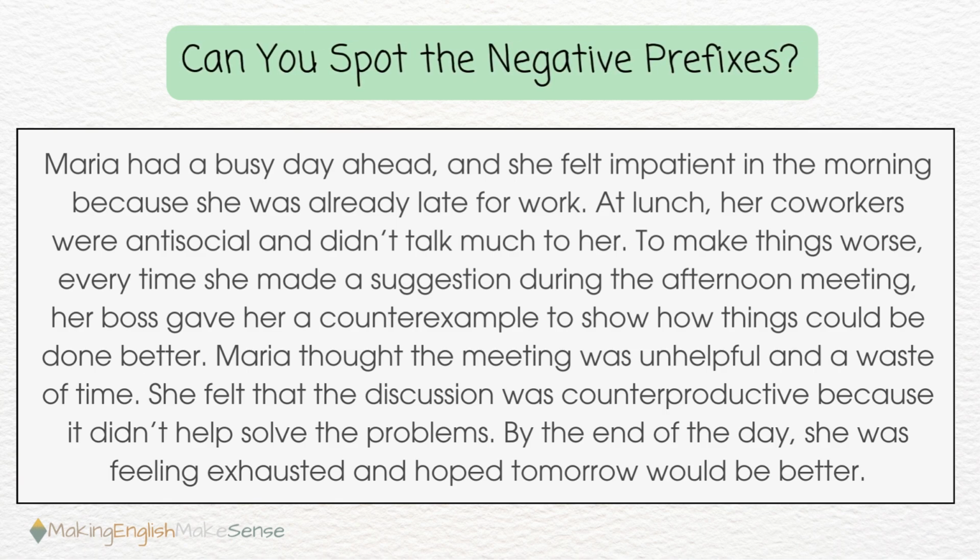Before we move on to the other prefixes, let's review what we've learned so far. Here I've prepared a passage with several words that have negative prefixes. We'll read through it together and first try to identify the negative prefixes. Then we'll work on understanding their meanings within the context of the paragraph.